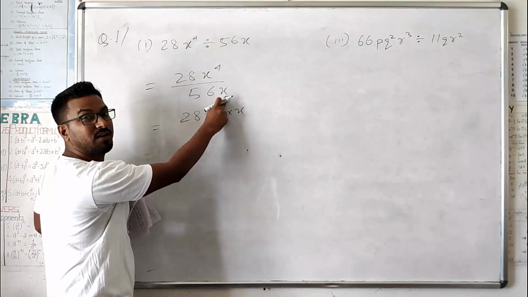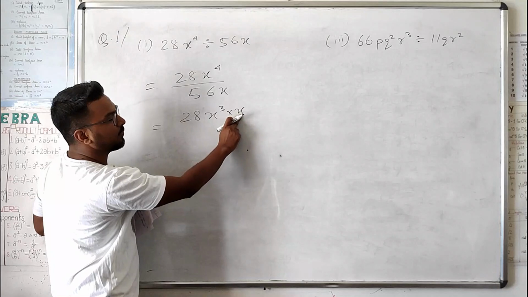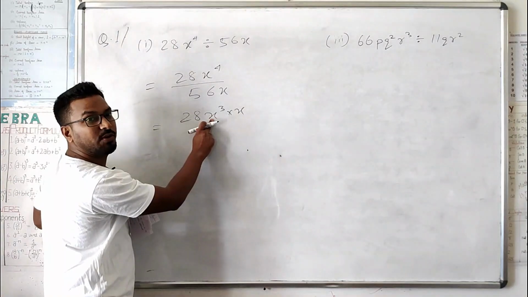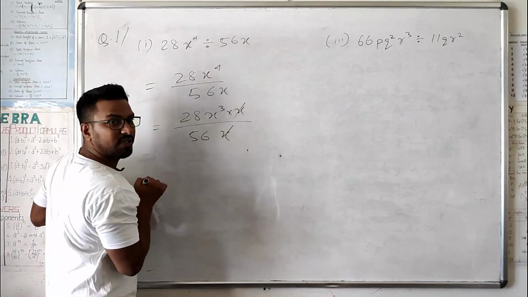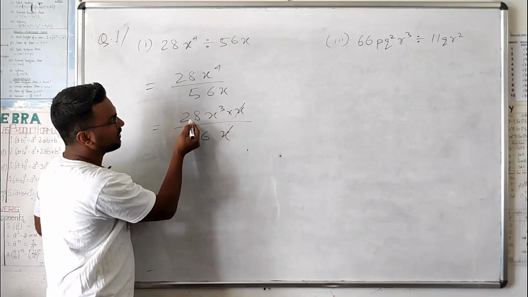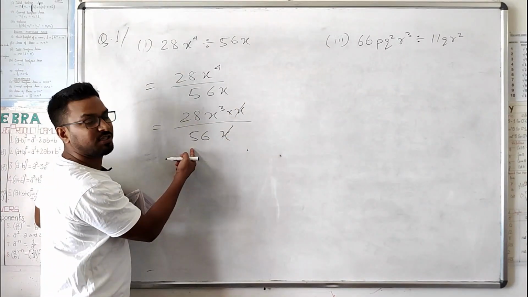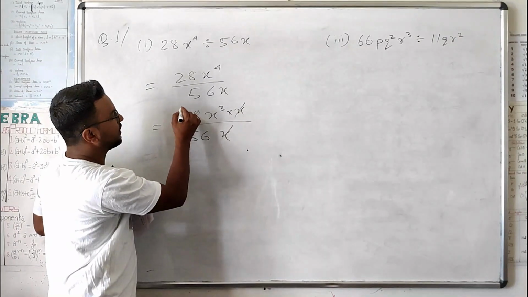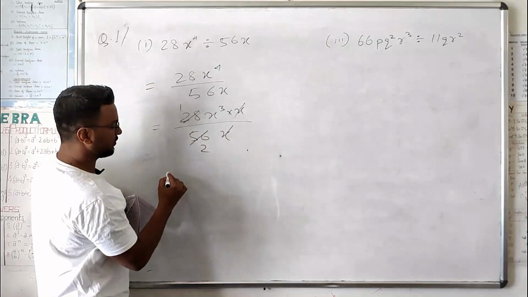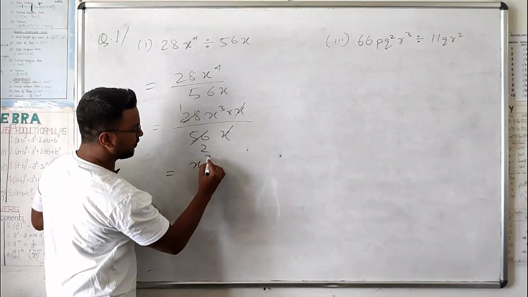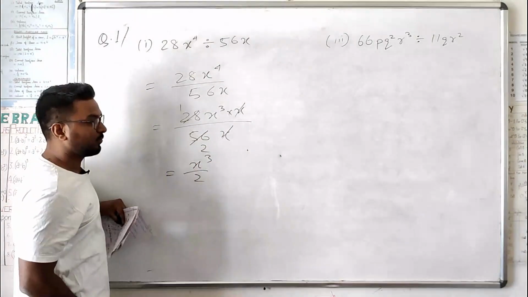So minimum x is what? 1, right? So you just separate it and it will be x to the power 3 divided by 56x. X cancel. You see 28 into 2 is 56. So 28 into 1 is 28, 28 into 2 is 56. So this can be written as x to the power 3 divided by 2.